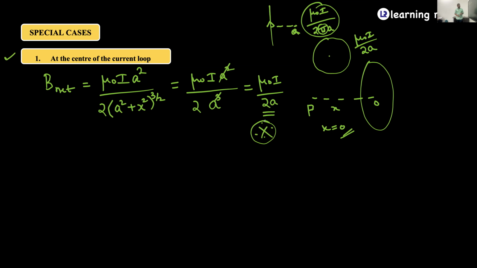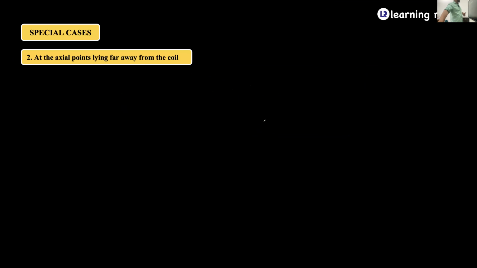Second, if you want to find the field at axial points lying far away from the coil. When you take the axial point far away from the center, the value of x is more, so x is going to be very much greater than a.